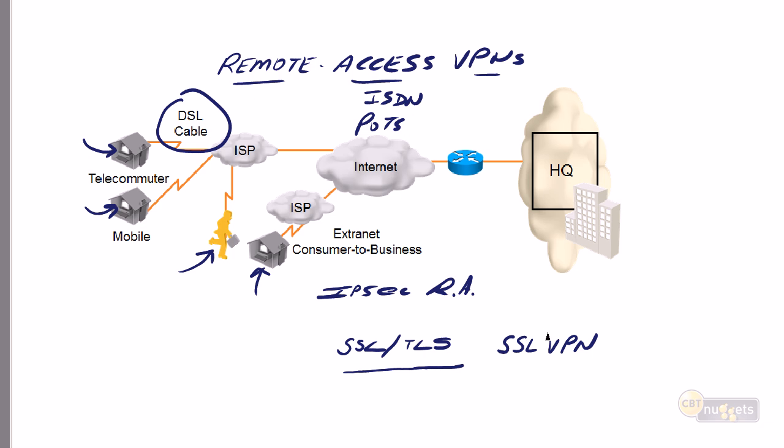Now, do they use some of the same algorithms and mechanisms? Yes, they do. Okay, even though SSL VPN typically will have other options as well because it's more spread out globally over the internet. So SSL VPN is not the same thing as IPsec remote access. Let's just keep that in mind.